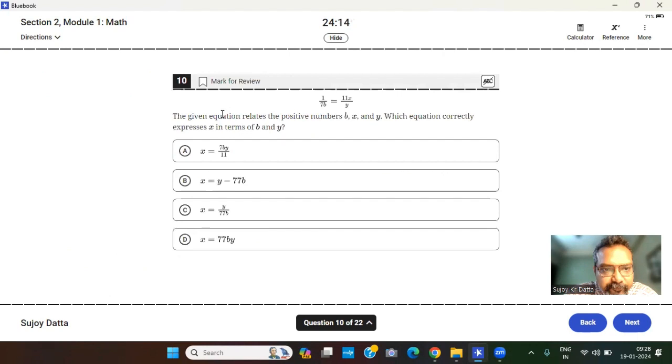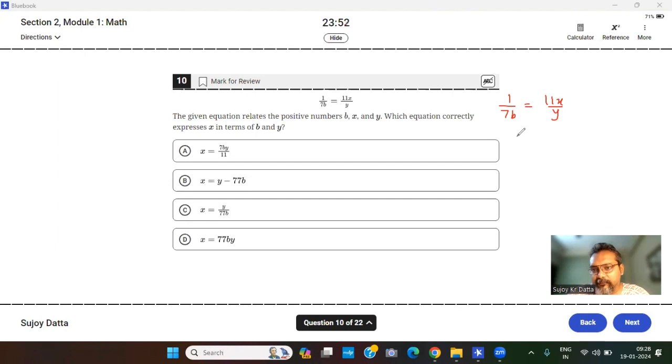All right, next. It says the given equation relates the positive numbers b, x, and y. Which is the correct expression for x? So we just need to make x the subject of this equation. So we have 1 upon 7b equals 11x over y. So multiply y on both sides.